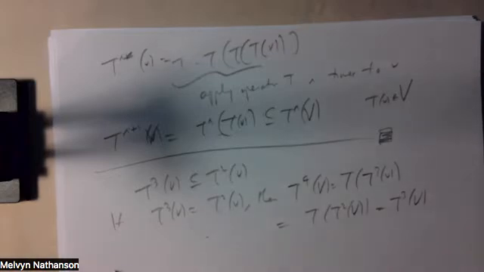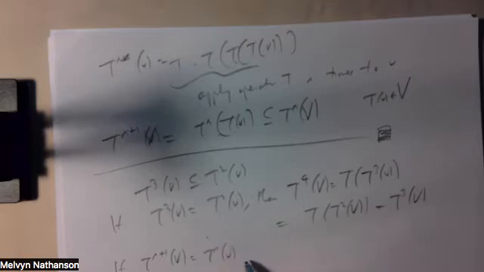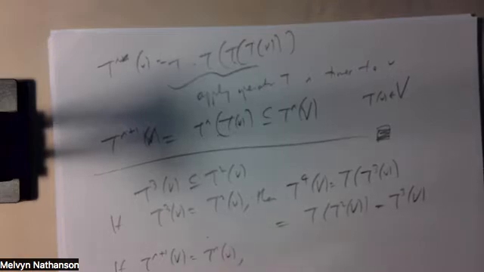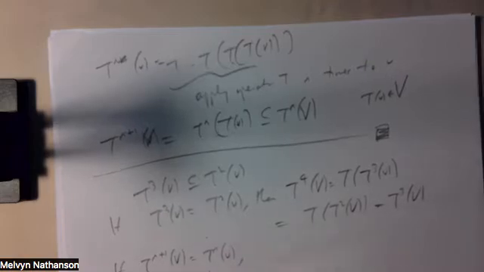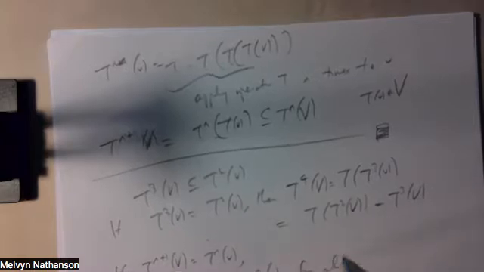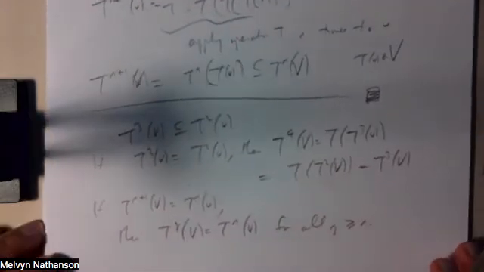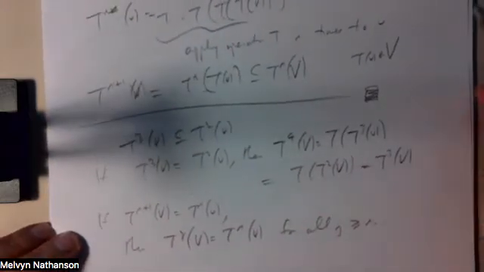So if you understand this argument, then you obtain that if T to the I plus 1 of V is T to the I of V, then the Jth iterate of T applied to V is T to the I of V for all J greater than or equal to I. That's the argument.